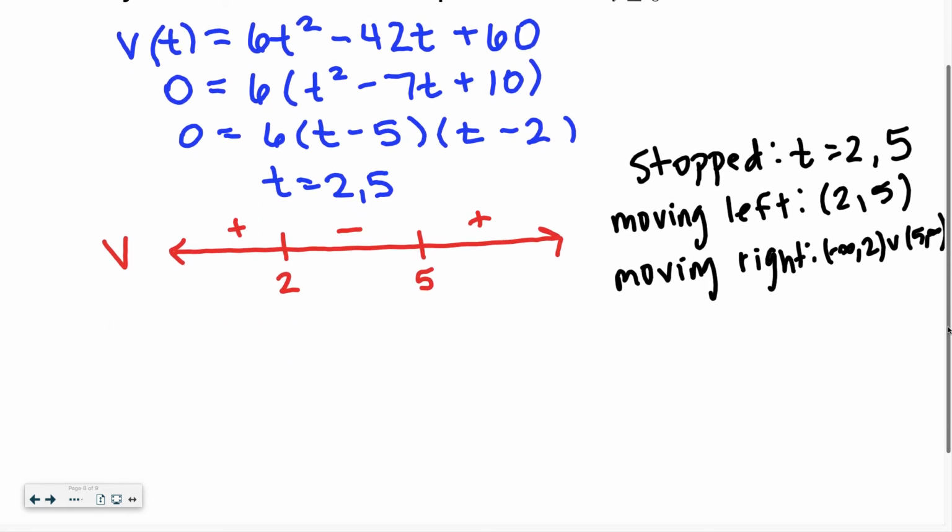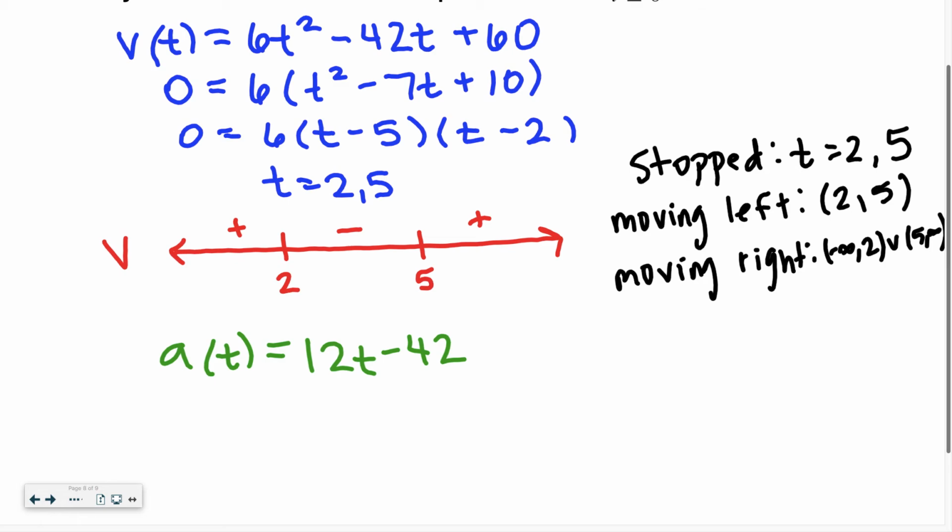Let's go ahead and talk about the acceleration. Okay, so our acceleration, if we come back to our velocity and go to like the nice pretty one that hasn't been factored out, let's talk about our velocity. Our acceleration, so its derivative would be 12t minus 42. All right.